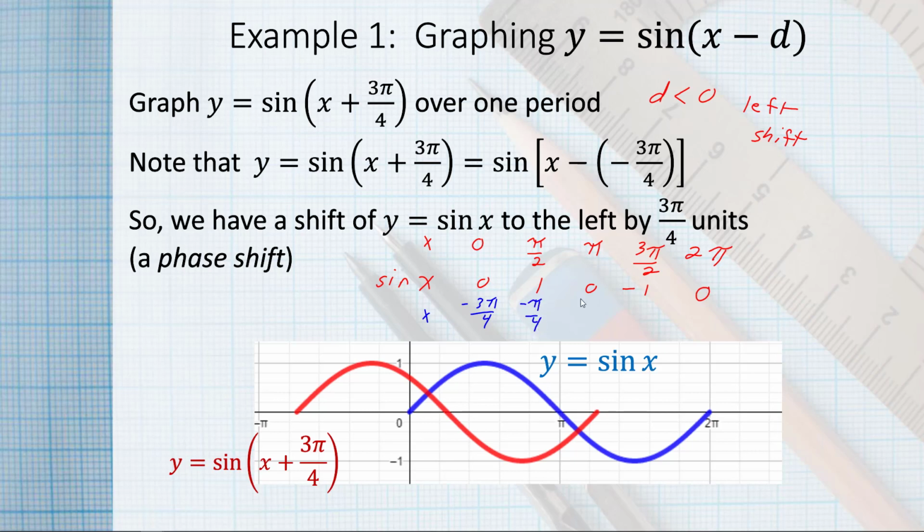And then pi over 2 higher than this, and that would be positive pi over 4. This one would be 3 pi over 4. And you can once again find that by incrementing by pi over 2, a quarter of a period, or just subtracting 3 pi over 4 from the original value. And then finally, we would have 5 pi over 4.